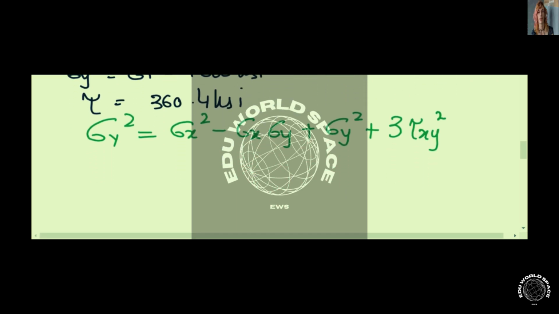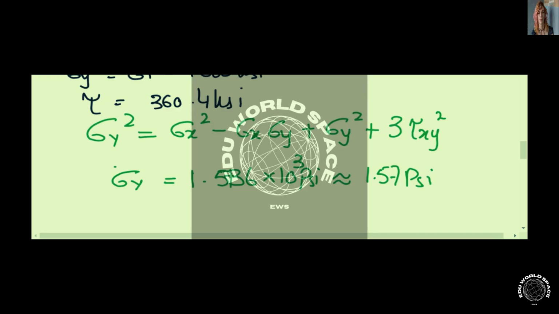Just plug in the values and we'll get that sigma sub y is equal to 1.5736 times 10 raised to power 3 psi, and that is approximately equal to 1.57 ksi.